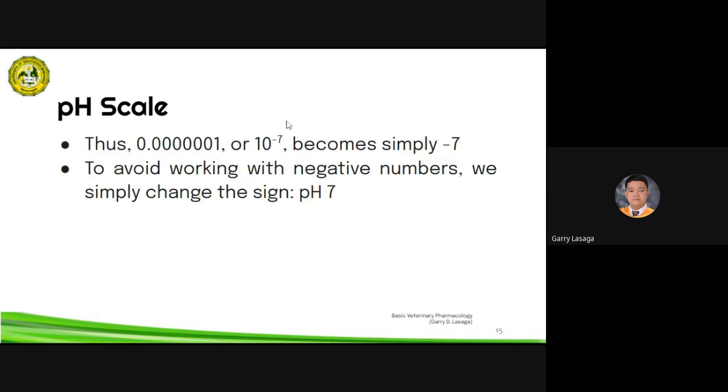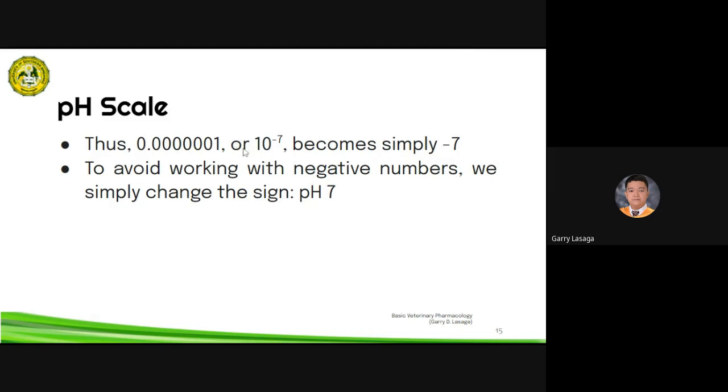And in exponential form, this can be interpreted as 10 to the negative 7 moles per liter of hydrogen ions. So the unit mole represents the concentration of hydrogen ions in a solution.